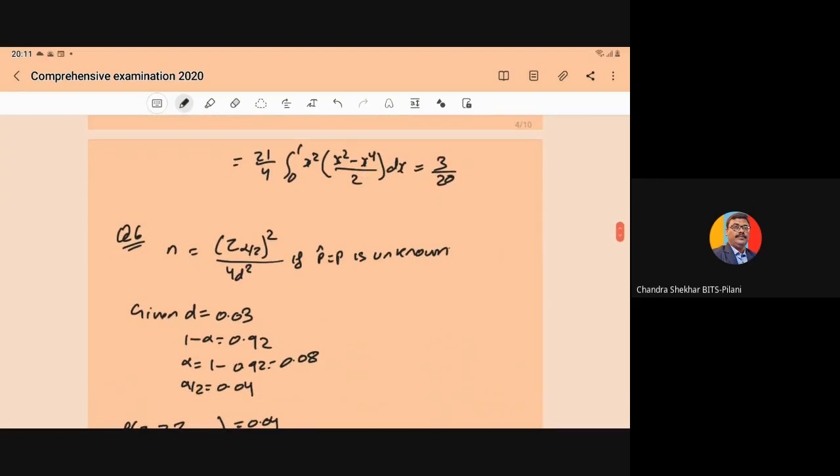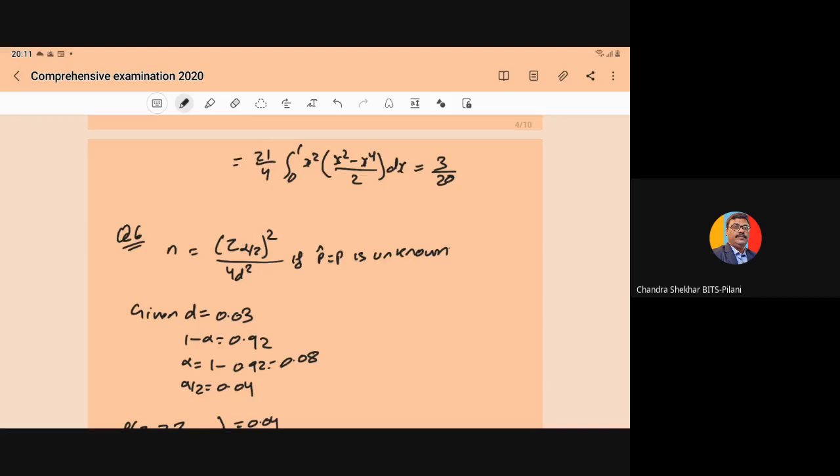So you know, for the proportion, the sample size is n is equal to z alpha by 2 whole square upon 4d square. As we have to compute the proportion, right? P cap, P is unknown.